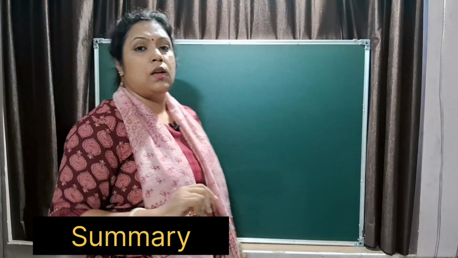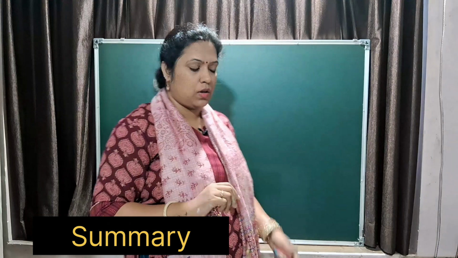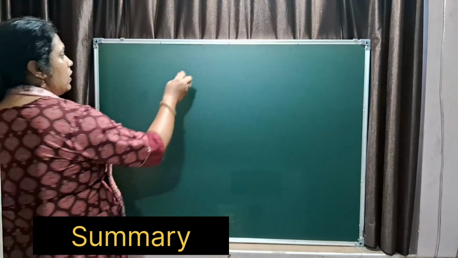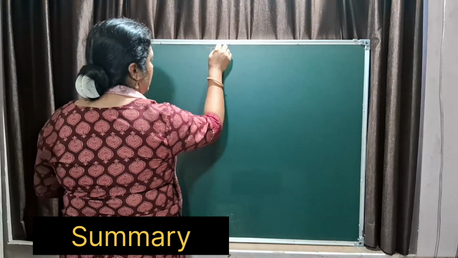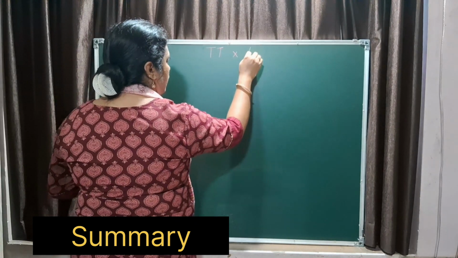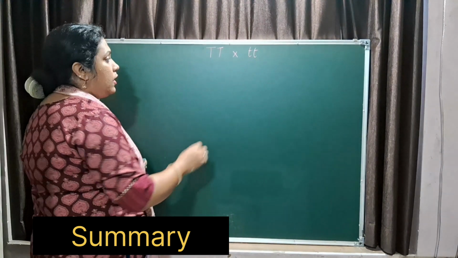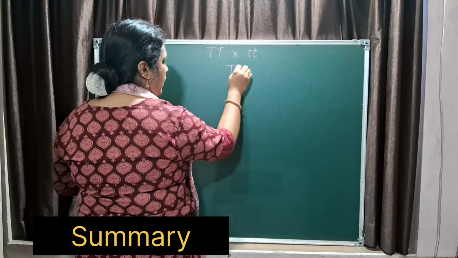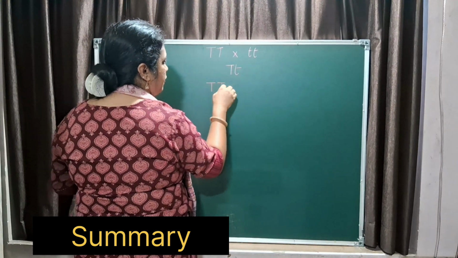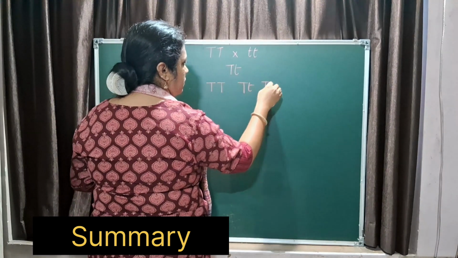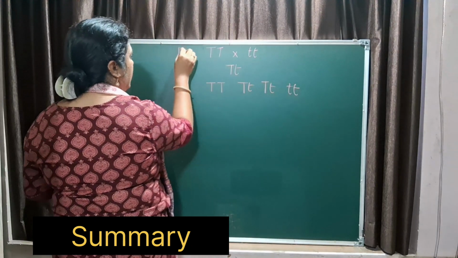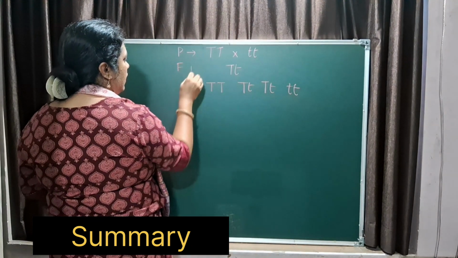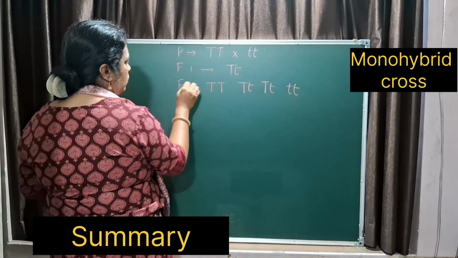Okay. Now let us have a very small summary. When you talk about the monohybrid cross, you talk only about one character, that is tall and dwarf. Correct? You get an F1 and you get the F2. This one is the parent, this one is the F1, and this one is the F2.